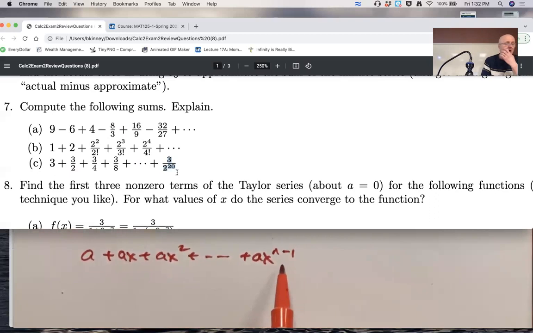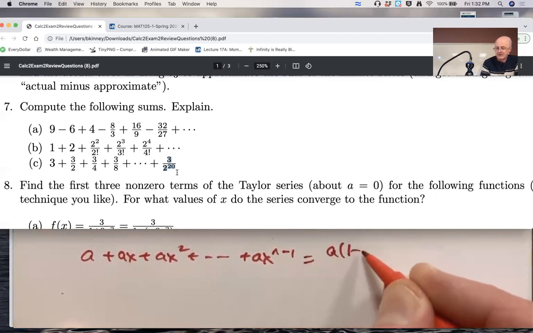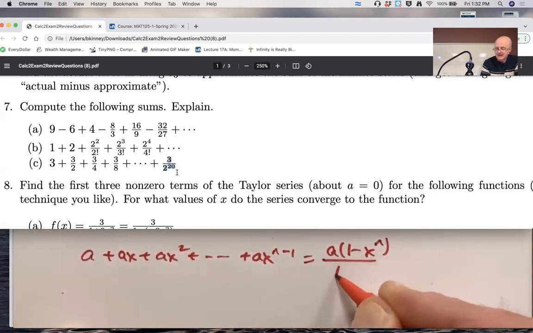Reason we use an n minus 1 and not an n is so that our finite geometric series has n terms, because we're starting with effectively A times X to the 0 power. The first term has X to the 0 power. The second term has X to the first power. The third term has X to the second power. The nth term has X to the n minus 1 power. And here's what it equaled, as long as X was not equal to 1.